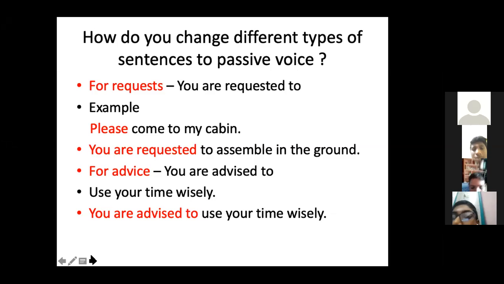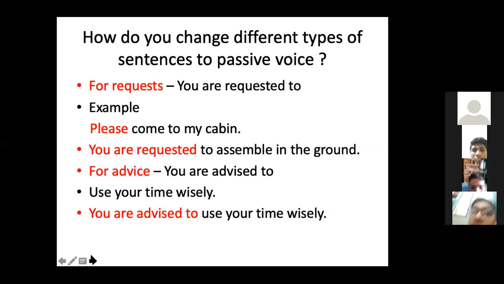Declarative is statement, then question form, that is interrogative. Then you have imperative, which are requests or commands. Then you have exclamatory sentences. So there are 4 types of sentences, isn't it? When you are changing these types of sentence, what do you have to do?